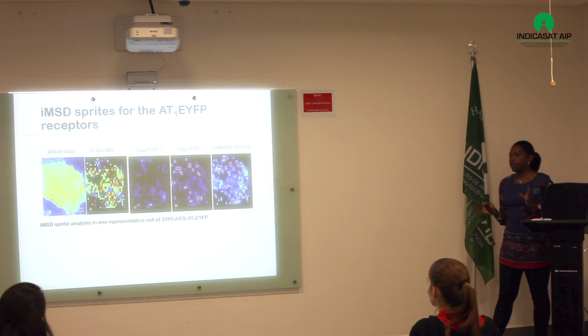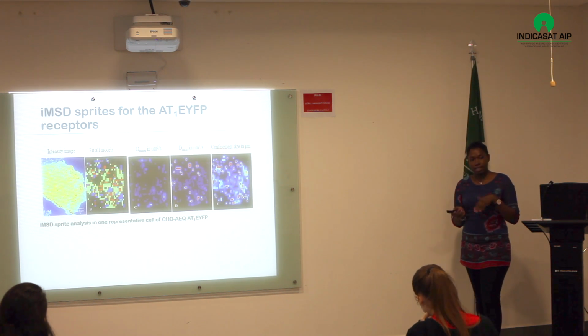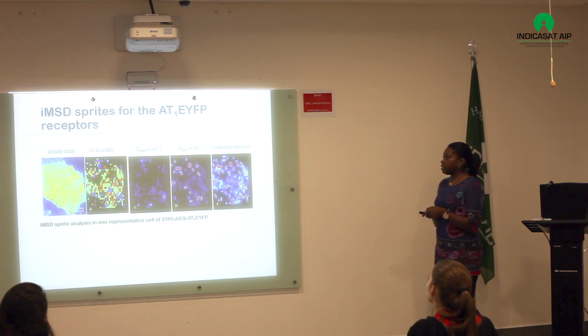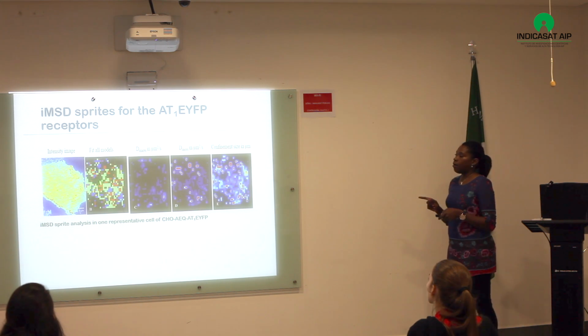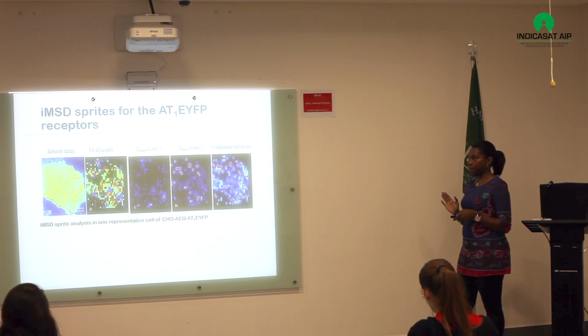The first part, once we selected the clones, we performed the IMSD analysis. And in the IMSD analysis, as I said before, I have a map of the different models that are present in the cell membrane.